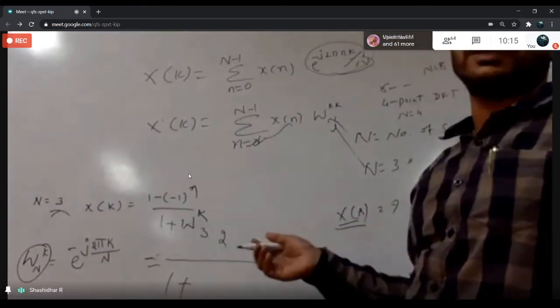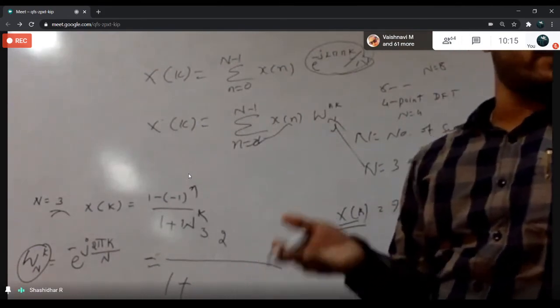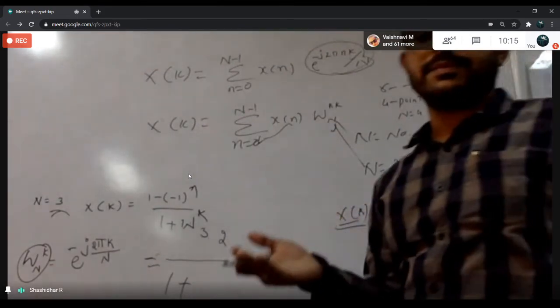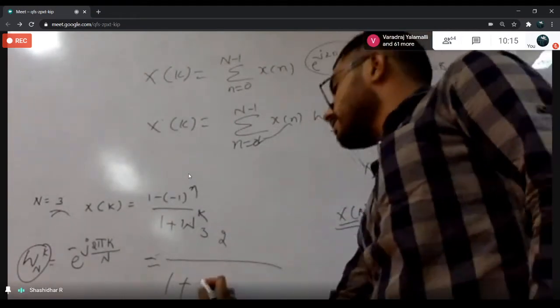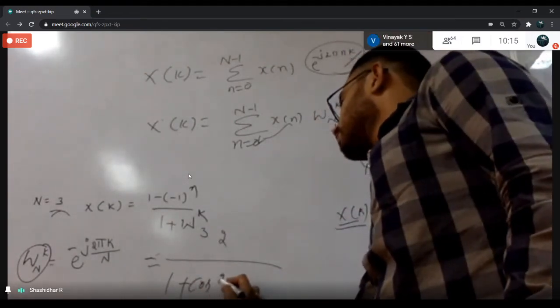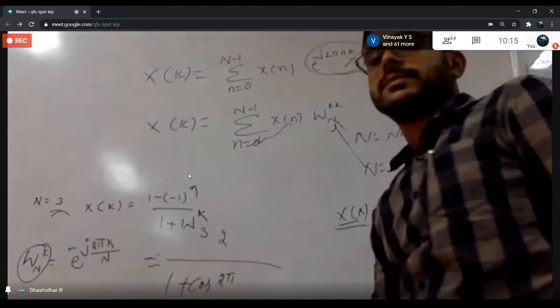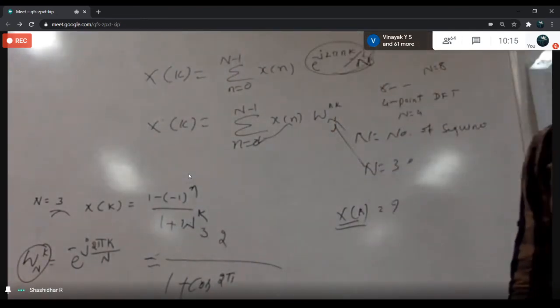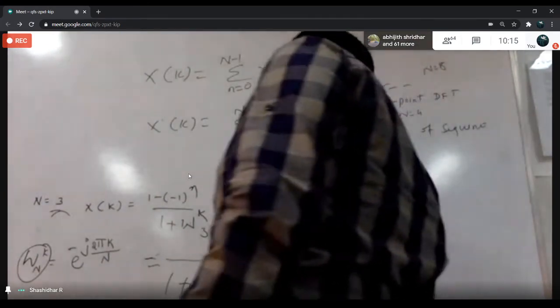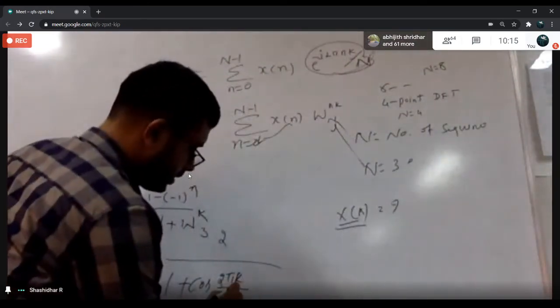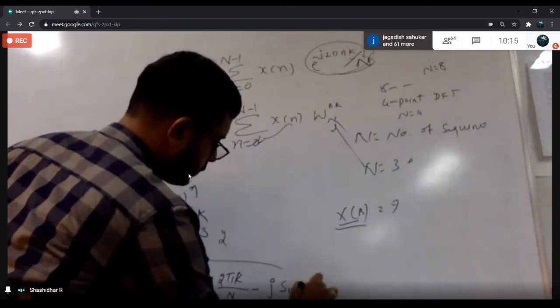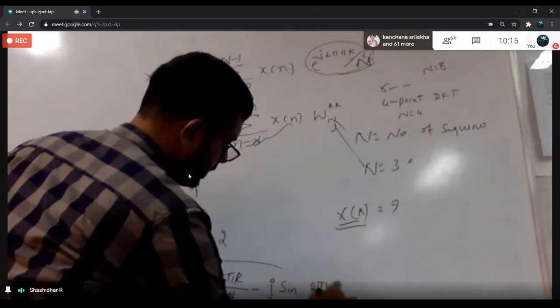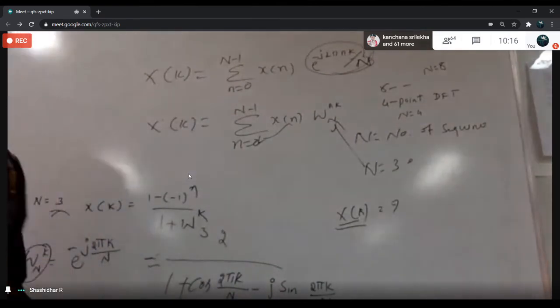W is e to the power of minus j 2 pi k divided by n. This is big N, number of sequence. So we can write like this: cos 2 pi k minus j sin 2 pi k divided by n.